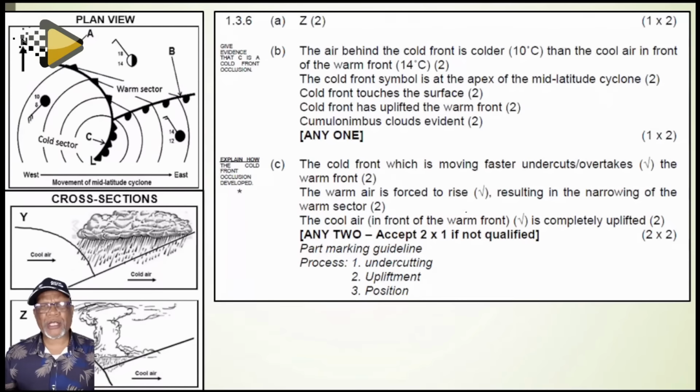It's going to go beneath the warm front and uplift the warm front completely from the surface. So that is how it's going to happen. Because of the steeper gradient, it moves faster, and when it moves faster, it undercuts the warm front, and after undercutting it, it completely removes it from the ground.